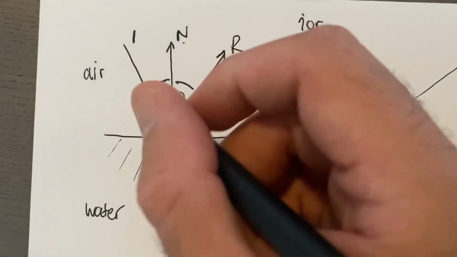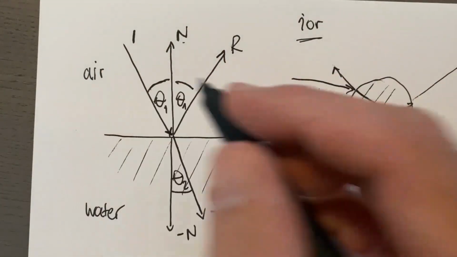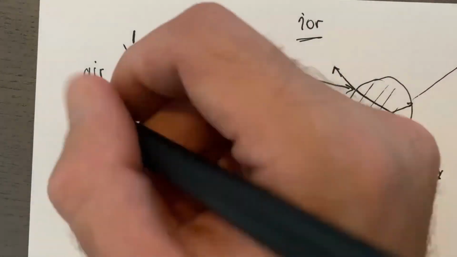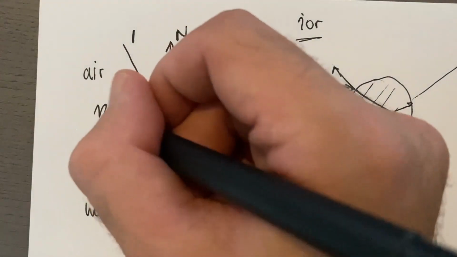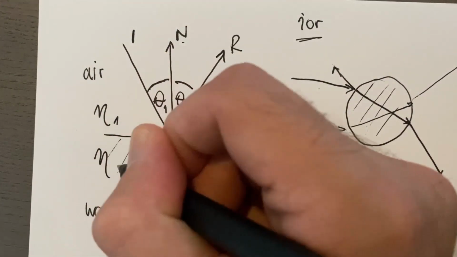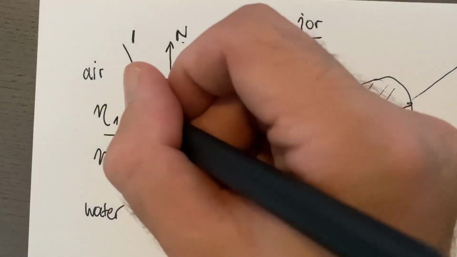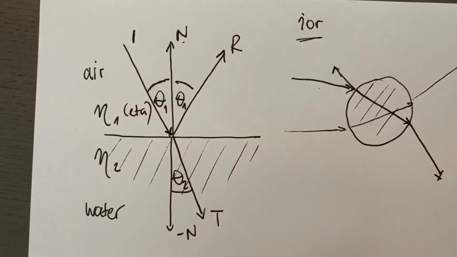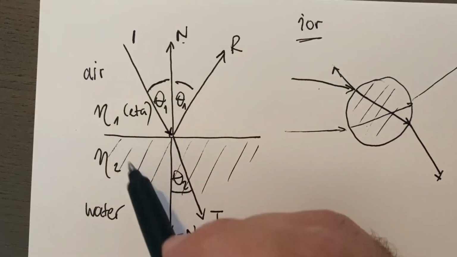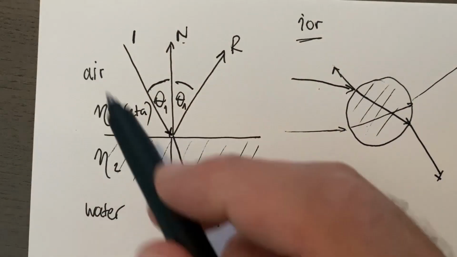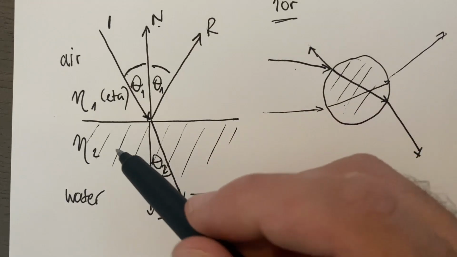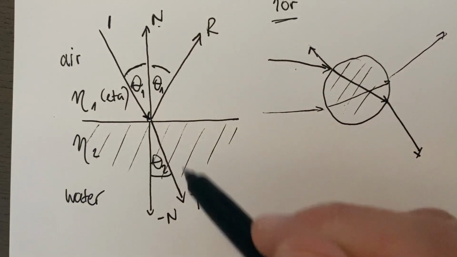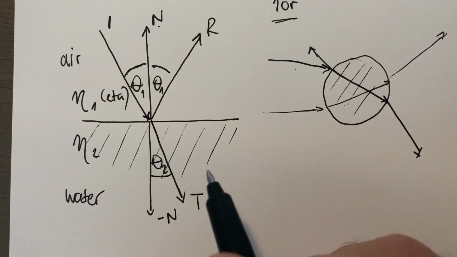Each medium has a specific index of refraction, and it's labeled with eta, a Greek letter. So we're going to say eta 1 and eta 2. Each of these two has a specific index that defines how much the light is going to bend.